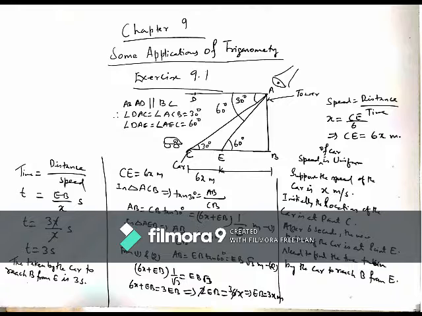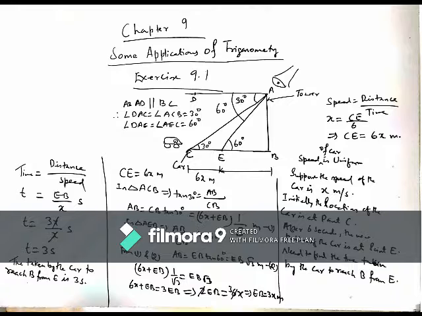It is already given that the speed is uniform, which I have taken as x meter per second. So x equals CE by 6, because it has taken 6 seconds to travel the distance CE. So we can find the distance CE is equal to 6x meter, which I have already written here.